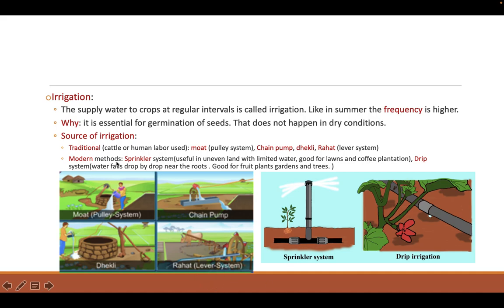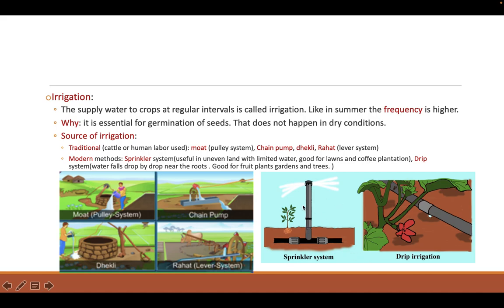There are modern systems also available. These modern systems are usually called water conserving systems, such as the sprinkler system, primarily useful in uneven land with limited water, good for lawns and coffee plantations. And there is another system called the drip system, where water falls drop by drop near the roots directly, good for fruit plants, gardens and trees.